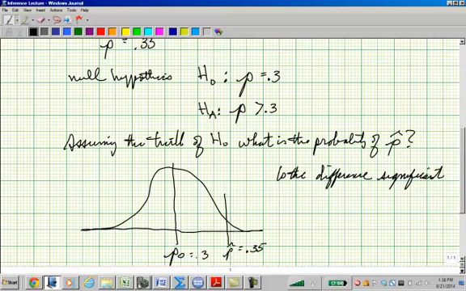That question depends on this question, on the probability. The more improbable that p hat looks, assuming that p sub 0 is true, the more likely it is that p hat is significant. Why? Because the more improbable that p hat is, the more standard errors there are between p sub 0 and p hat.